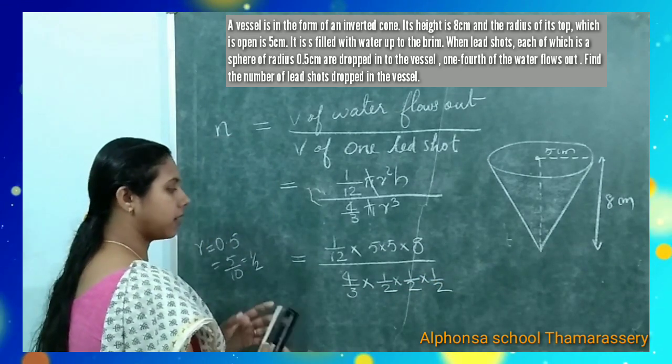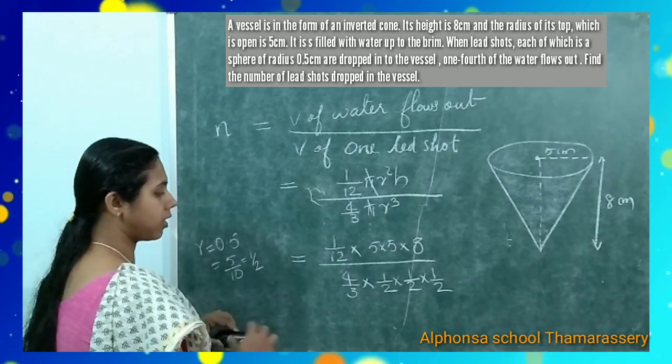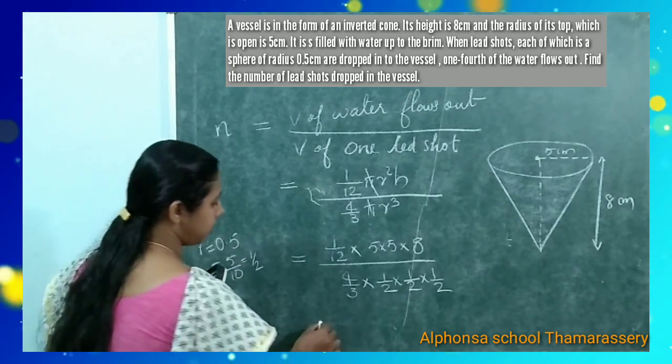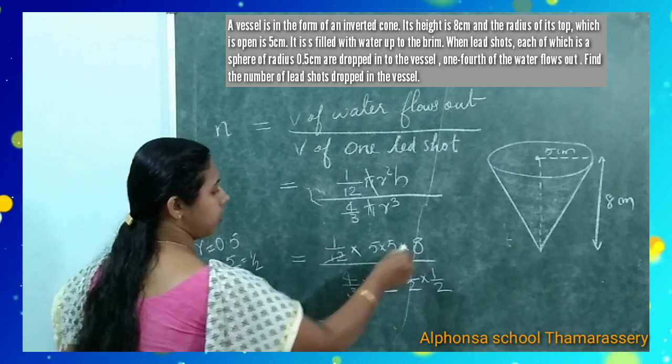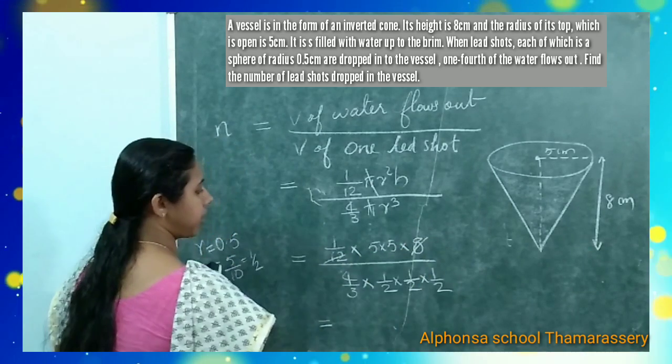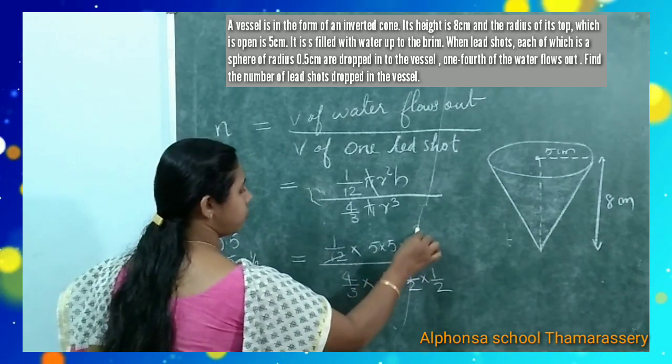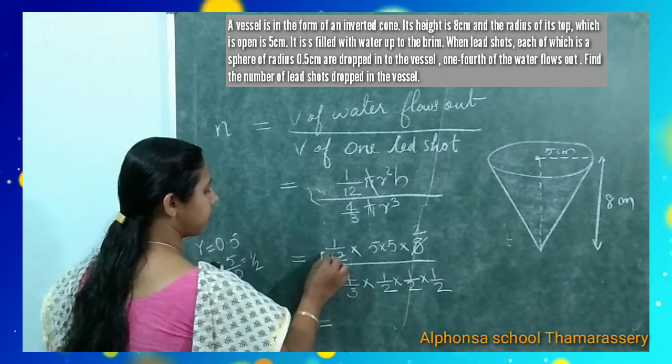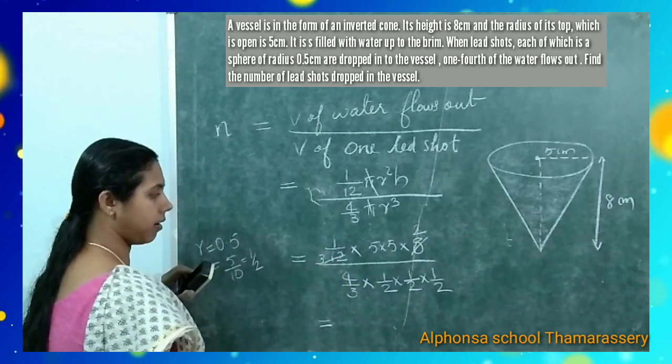Now you can cancel the common factors. Here 4 is the common factor. 2 4s are 8, 3 4s are 12.